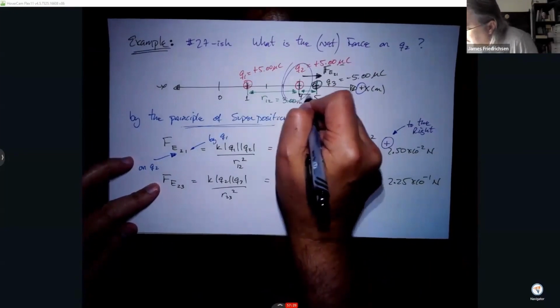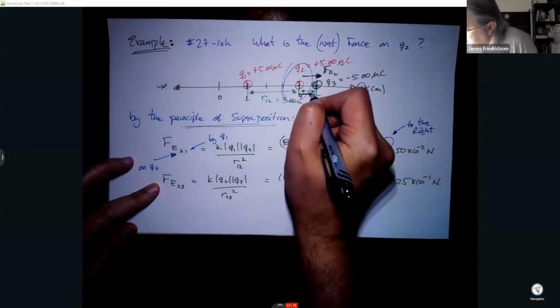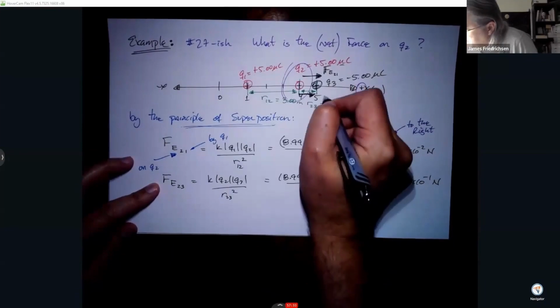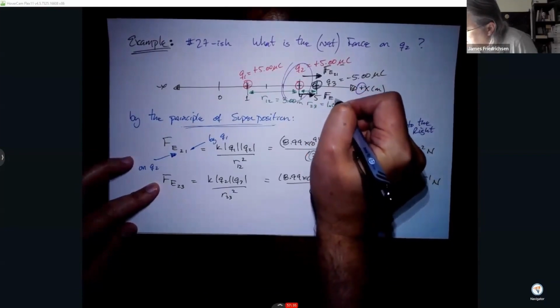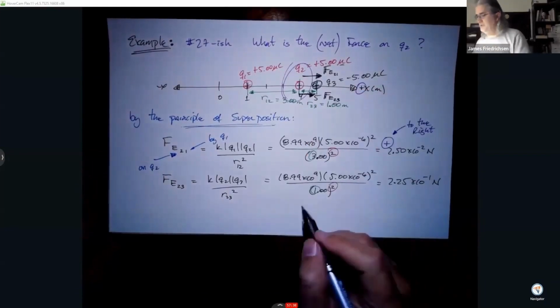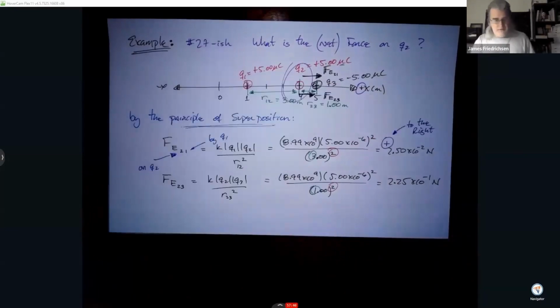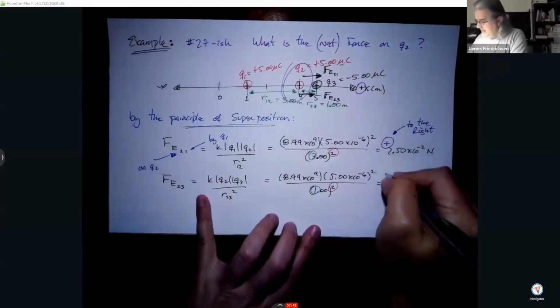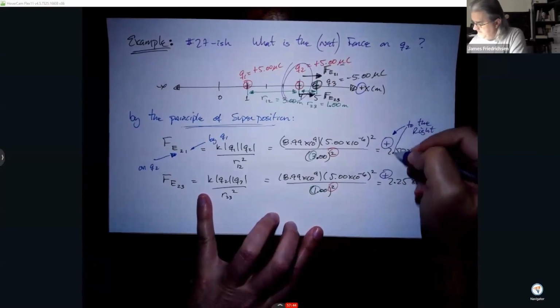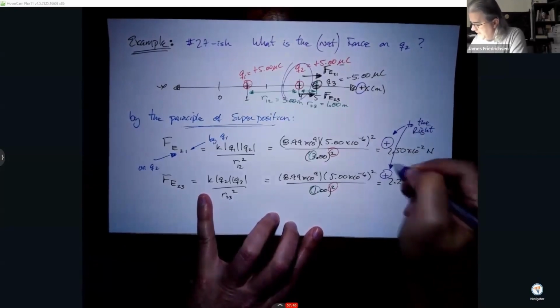So I could draw in that my force here, on 2 by 3, goes to the right. To the right is positive, so I could key this as being a plus, because again, it's to the right.